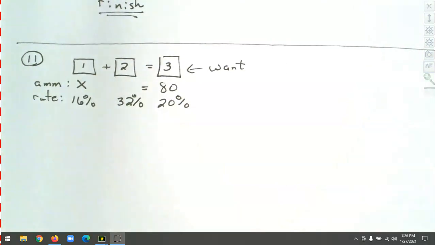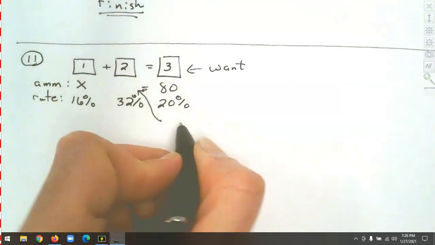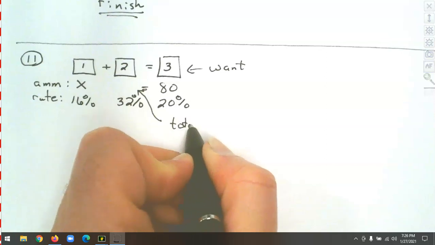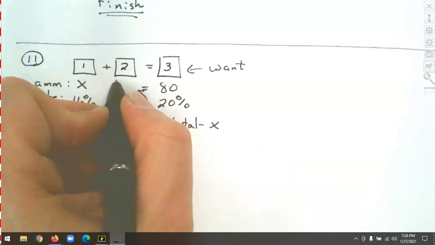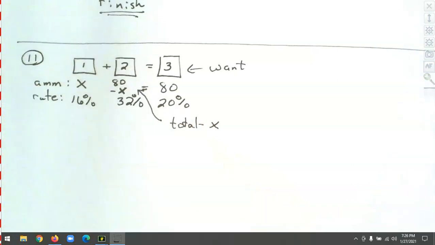Do we know how much of the 32% we have? No. We can't just use that x again. What does it have to be? Total minus x. Remember, that's going here. So that's going to be your total minus x. And what's my total? 80. So that's going to be 80 minus x then. So one is x. The other one is the total minus x.